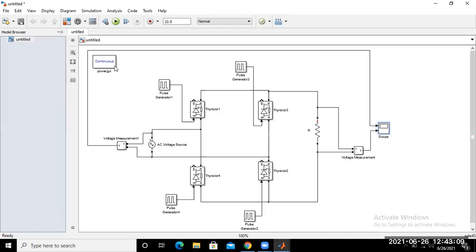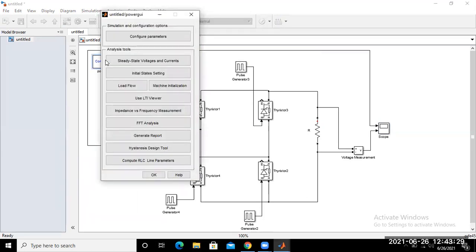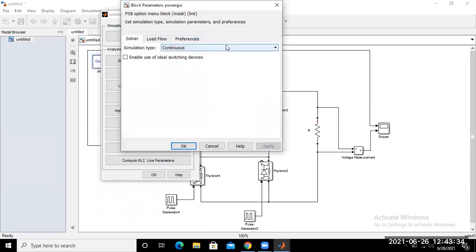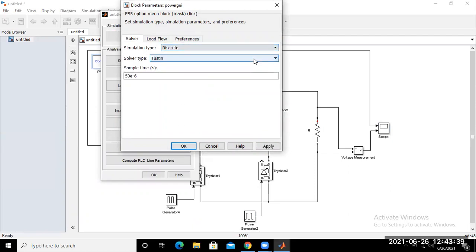Now just click on the powergui and go to the configuration parameters. Change this from continuous to discrete. The sample time by default is 50 microsecond.